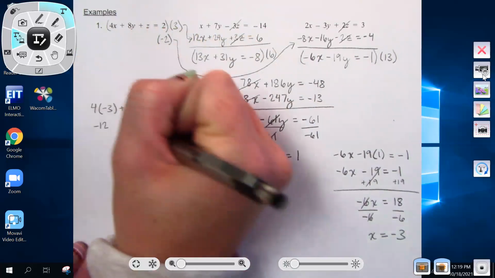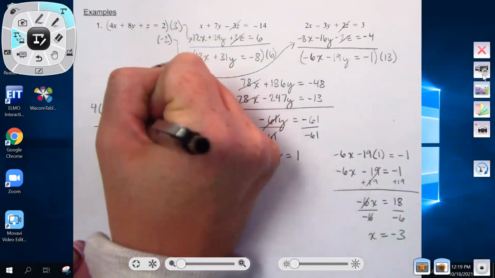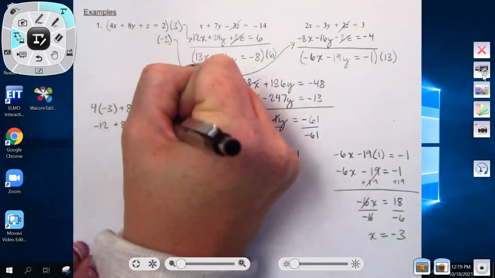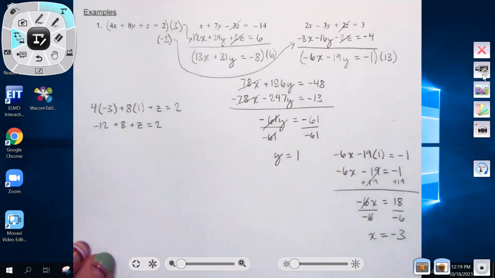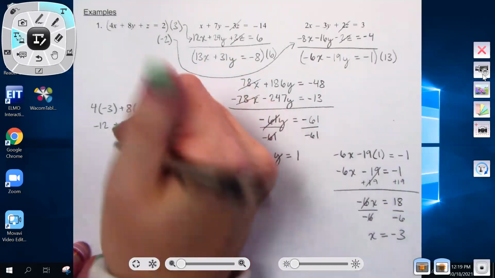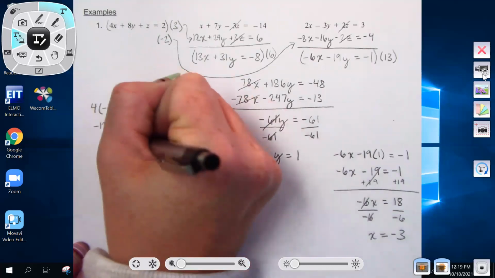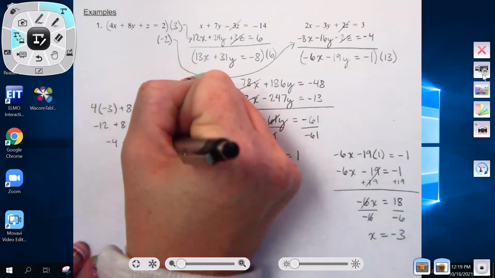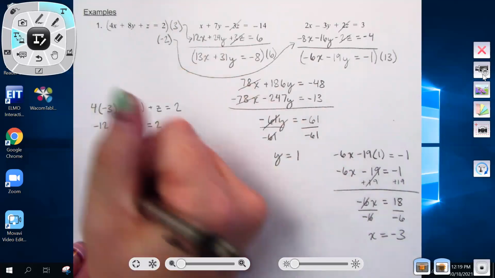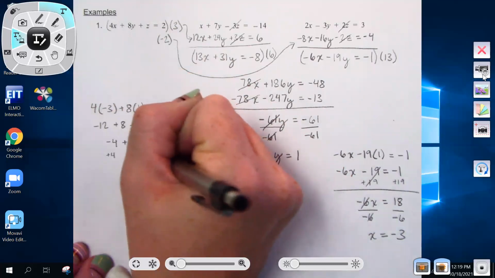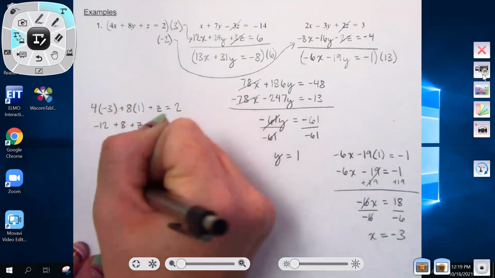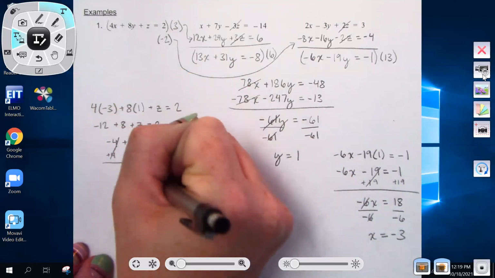So we have negative 12 plus 8 plus z equals 2. Negative 12 plus 8 is negative 4. Add 4 to both sides. Z equals 6.